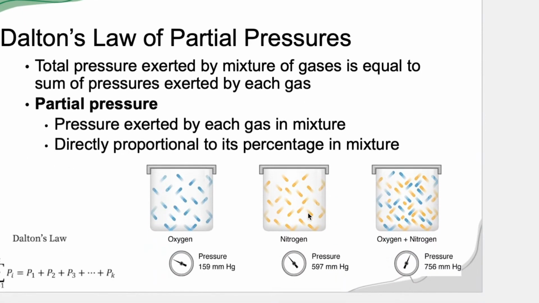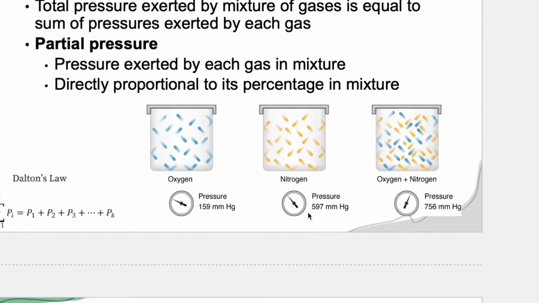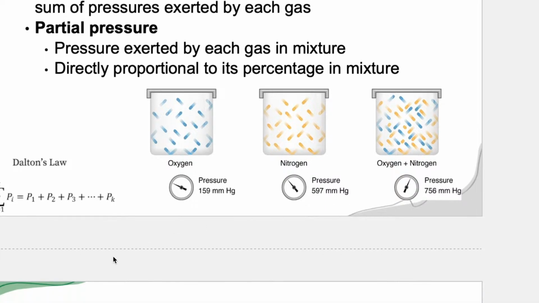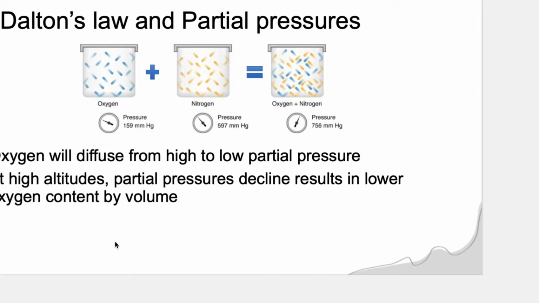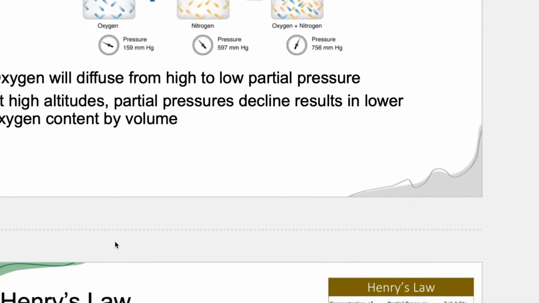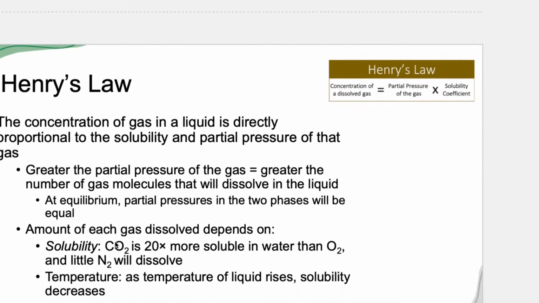So Dalton's law of partial pressures. We kind of went over this already. I showed you guys the equation. So oxygen will diffuse from high to low partial pressure. At high altitudes, partial pressures decline, resulting in lower oxygen content by volume. Right, so Henry's law.